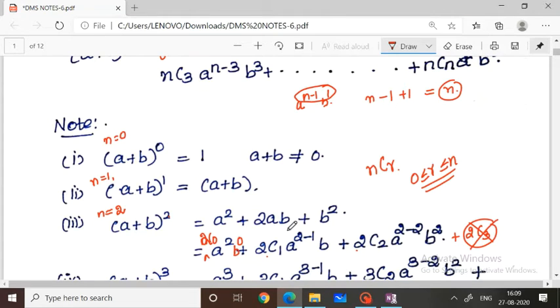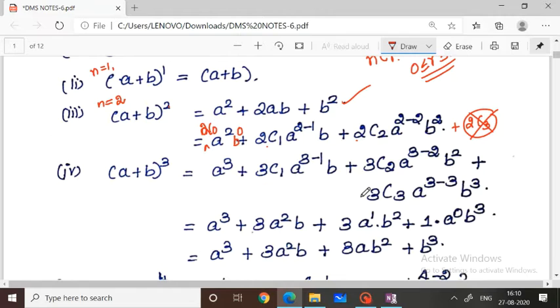So a square plus 2a, on simplifying you will get a square plus 2ab plus b square. Now the next term, a plus b the whole cube. You can write the first term as usual nC0 a raised to 3 b raised to 0.